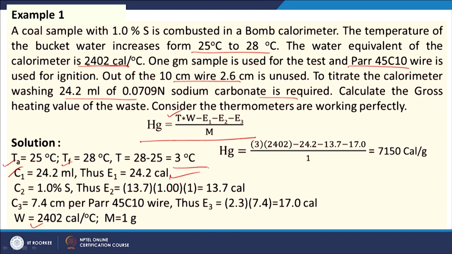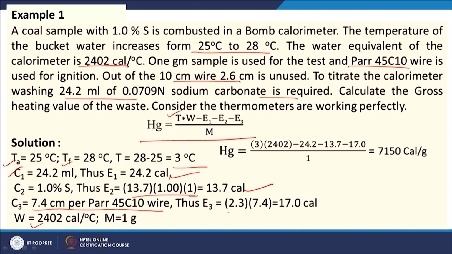Then what is E2? E2 depends on the sulfur content. We have 1% sulfur, so we will use the formula E2 equals 13.7 into 1 into how much sample we have taken, 1 gram. So 13.7 calorie is our E2 value, and the E3 value is dependent on the wire used, that is 7.4 centimeter of 45C10 wire.